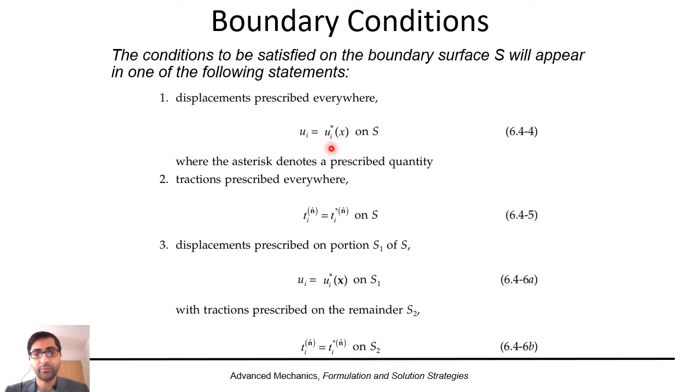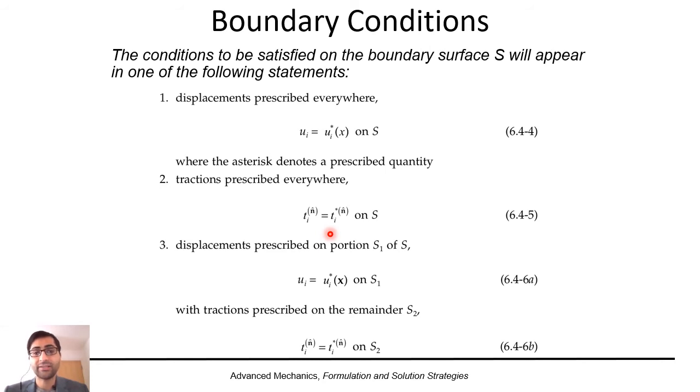Here we have U asterisk, and asterisk means it is prescribed. We know it. Or it can be traction prescribed everywhere, Ti equal to Ti asterisk, meaning that we know the stress on the whole body boundary condition surface.